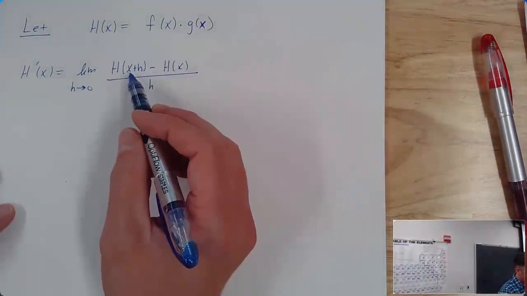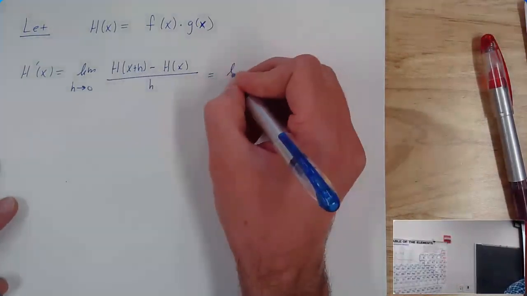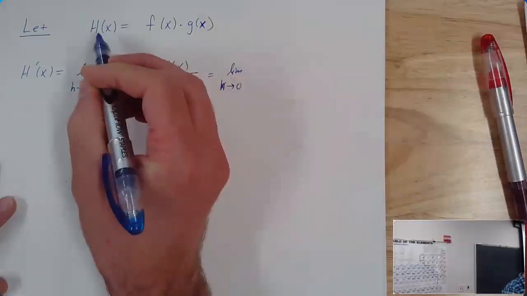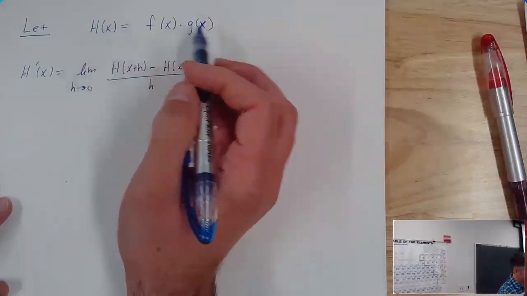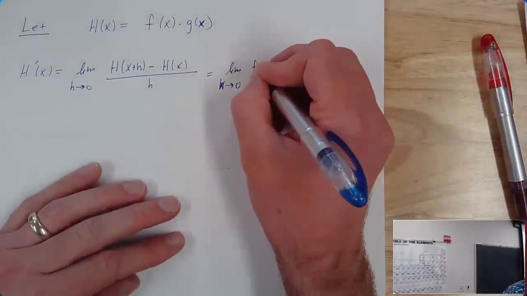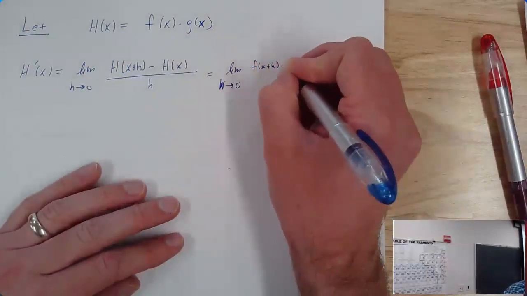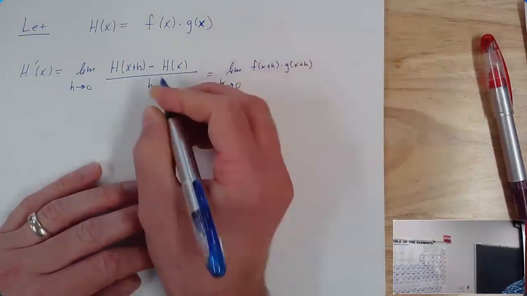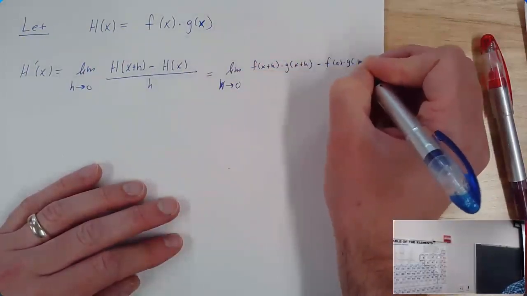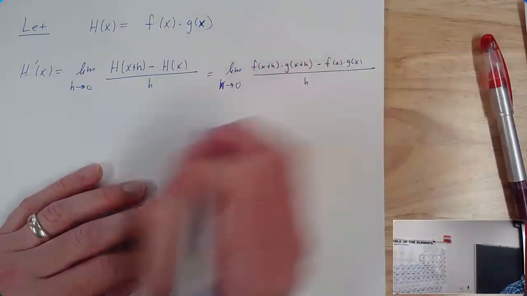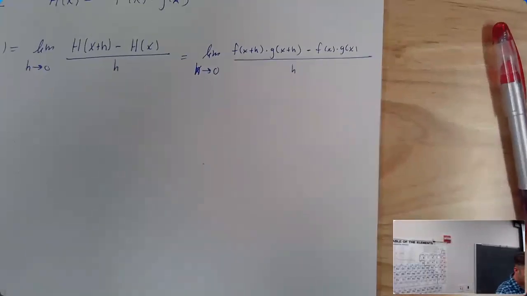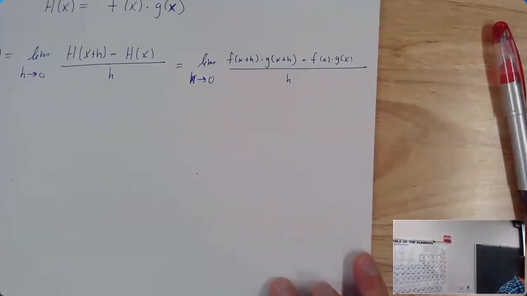So what we're going to do is rewrite each of these in terms of f and g. So H of x plus h is just f of x plus h times g of x plus h, and H of x is just f of x times g of x. Now here's where things get a little bit tricky.